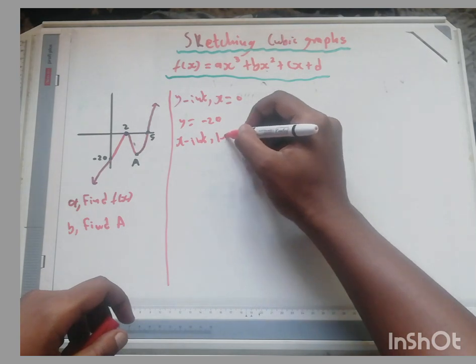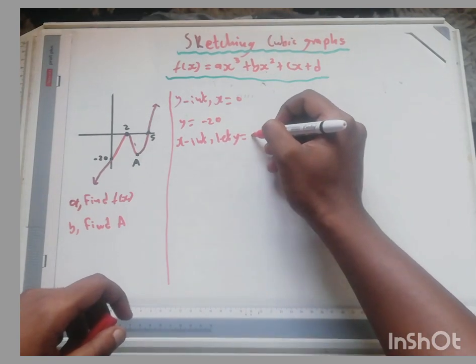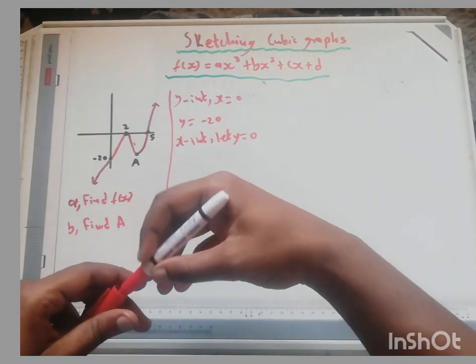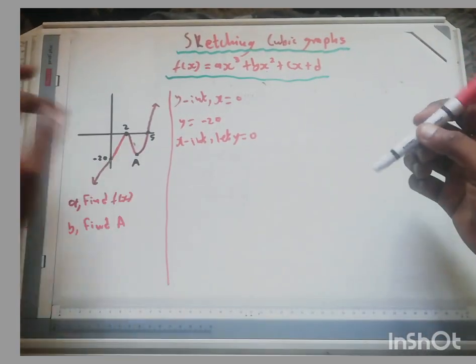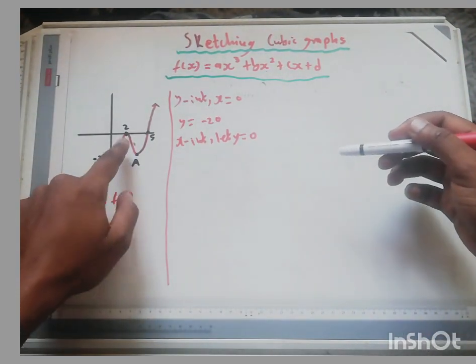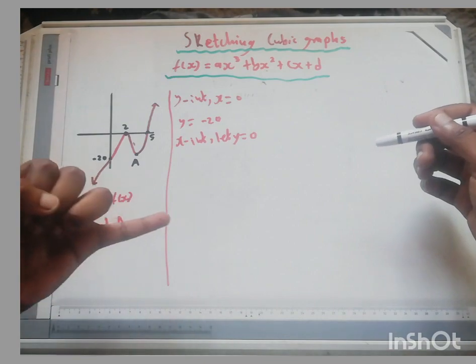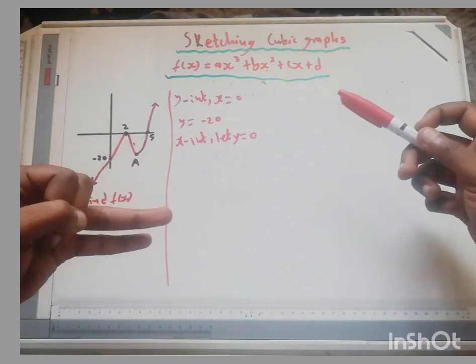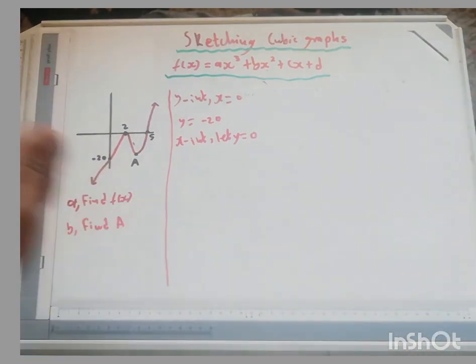For x-intercepts, you always let y be equal to 0, right? But if you look closely at this graph, you'll see that one x-intercept is an intercept and a turning point at the same time. So what does that mean?